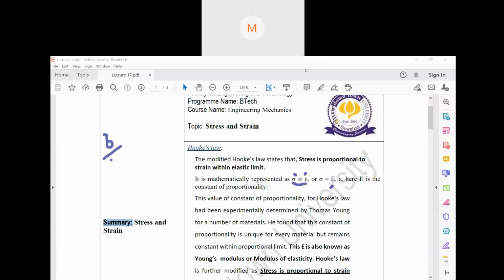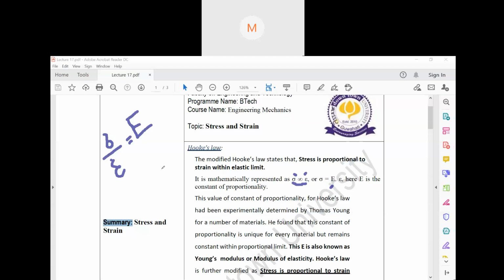So what we can write like this: stress by strain we can write as Young's modulus E.